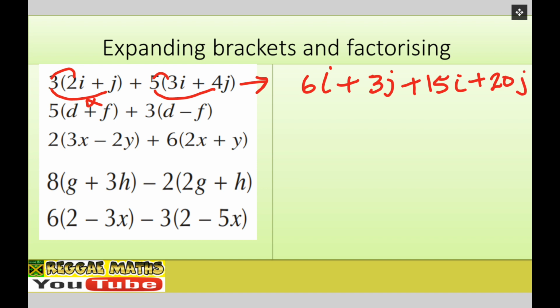So add together the like terms here. So you got 6i plus 15i.